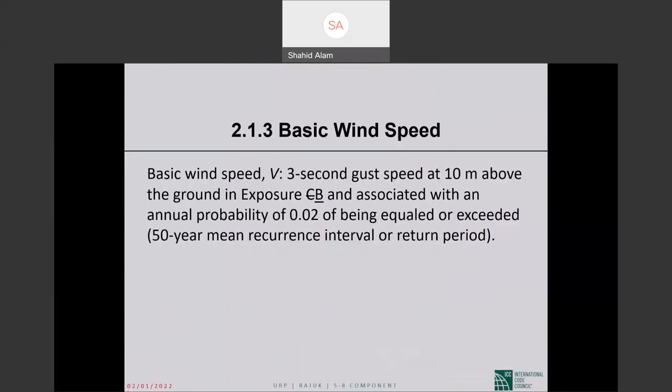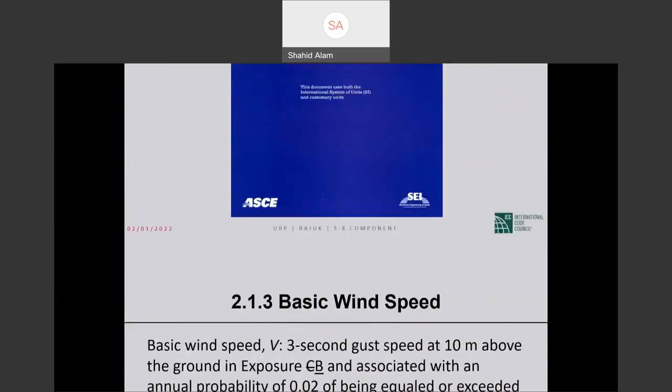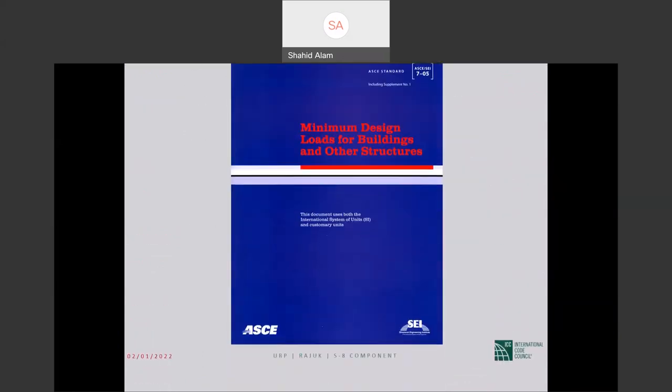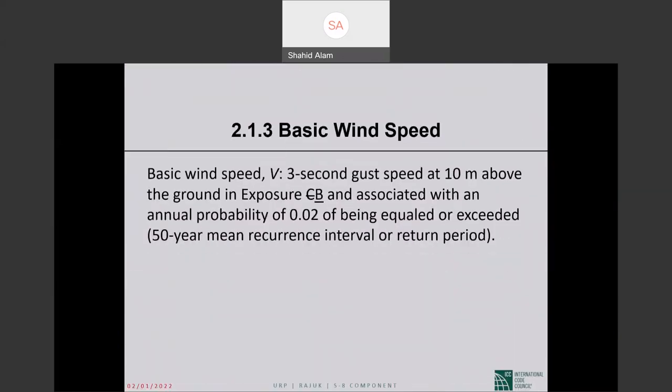I'll indicate when the time comes. Okay, so 0.00613 v squared, the basic wind speed squared, and then the K sub z, K sub zt, K sub d, and I.